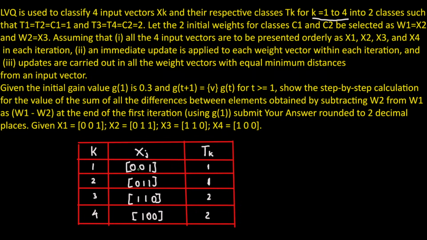So let's call it iteration number 2. In iteration number 2, we look at x2 of t1. In order to do this one, we need x2 here, which is 0, 1, 1, and we need the w1 and w2 as well.